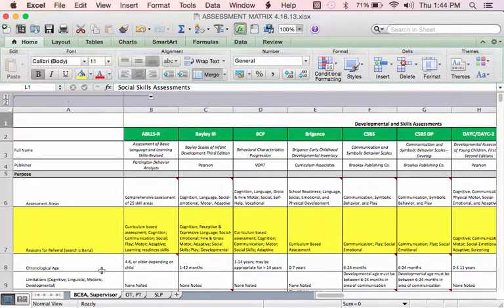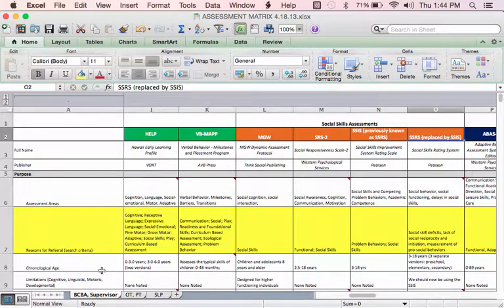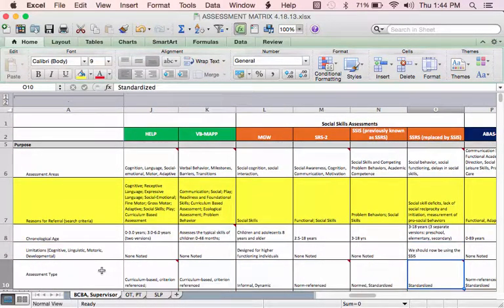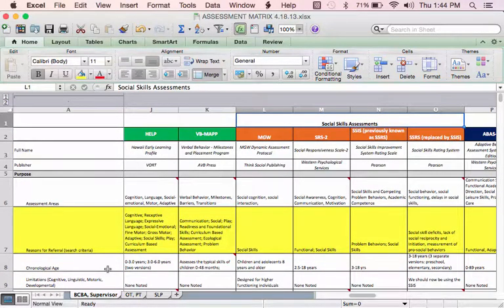And I have no limitations noted here regarding this particular assessment tool. And it's a curriculum-based assessment and looking at assessment type and criterion reference. And I'll explain those terms in the context of the module as well.